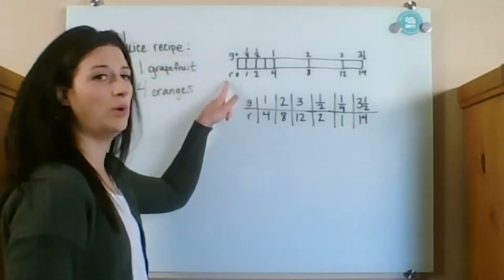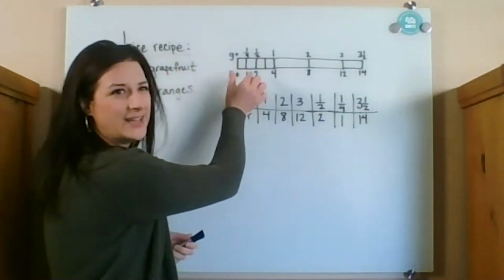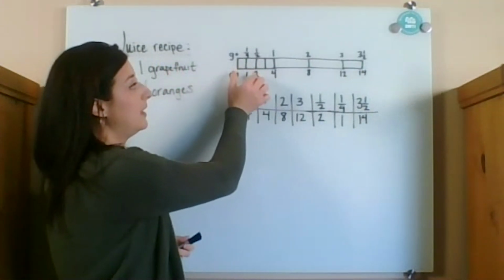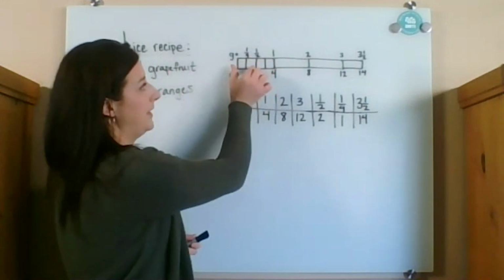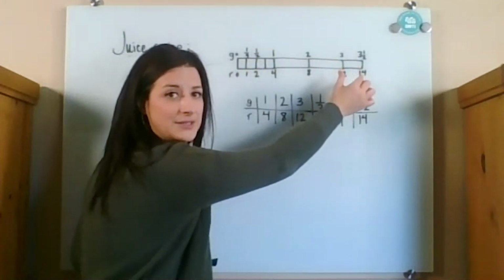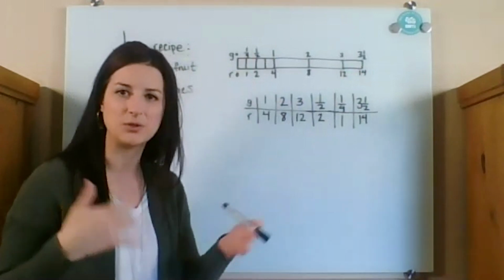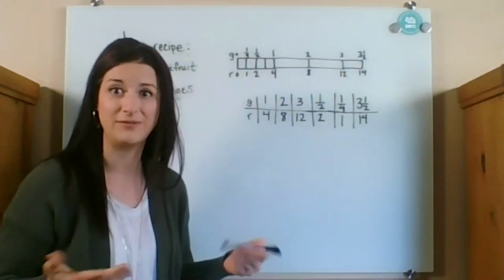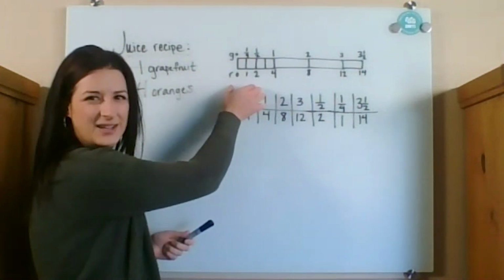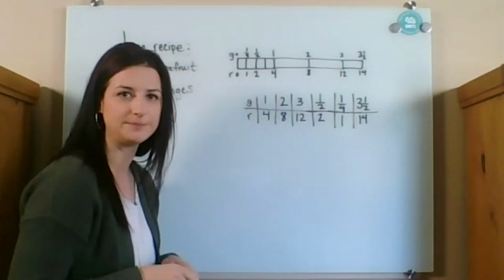The benefit of the visual model is there is this additive idea that I'm taking this composed unit of 2 oranges and 1/2 grapefruit and adding it to the end. But again, that composed unit was built multiplicatively, which ties in some of those ratio proportion ideas, which is really beneficial for students to actually see it before we're just notating it in the table.